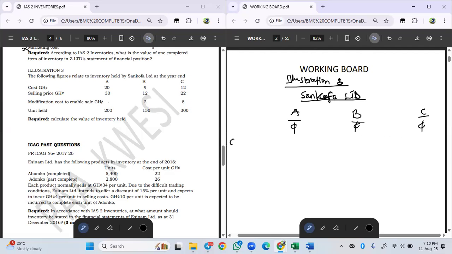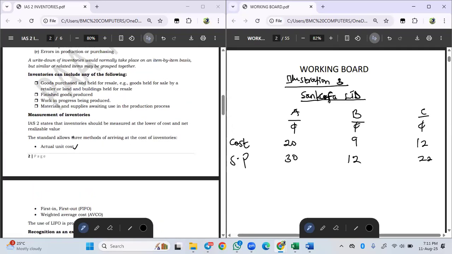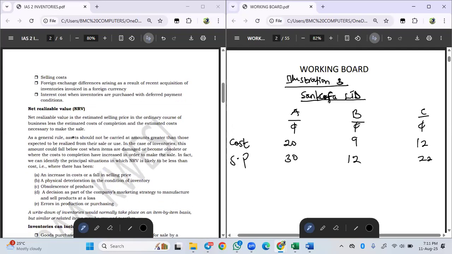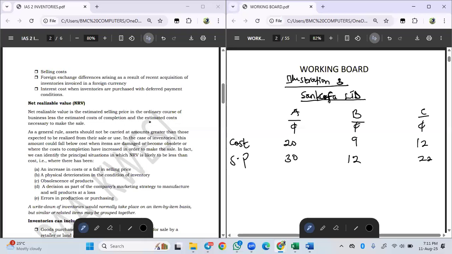All right, so this one I'll bring the costs 29, 12. Selling price, we have 30, 30, 12, 22. Then the modification cost to enable sale. Okay, so this one is to determine the NRV. This one is the estimated costs necessary to make the sale.